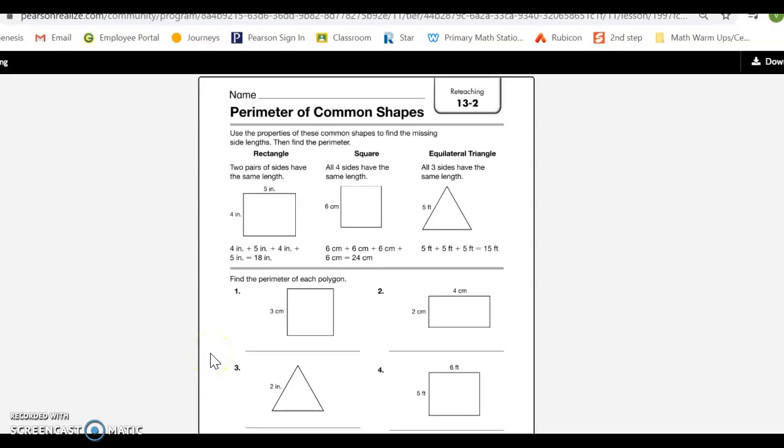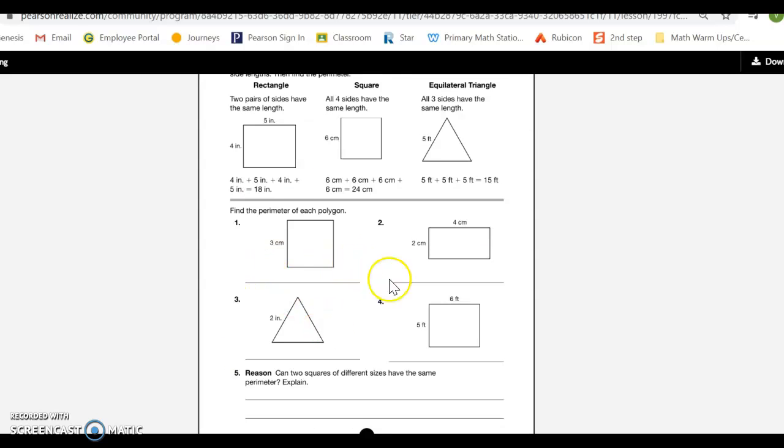Everyone did a really great job with this yesterday, but just to review, you're answering the 5 questions on the reteach page today, but you're recording your answer on the Google Doc. Some people yesterday were forgetting their units. So for example, number 1, I need to add up 3 centimeters plus 3 centimeters plus 3 centimeters plus 3 centimeters.